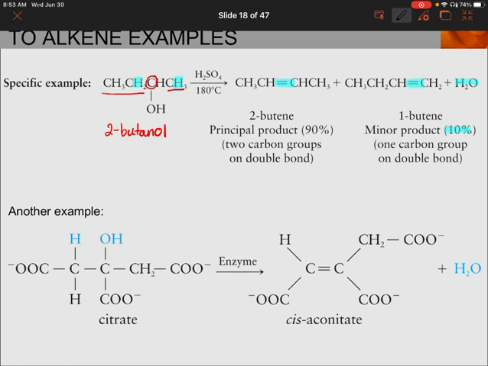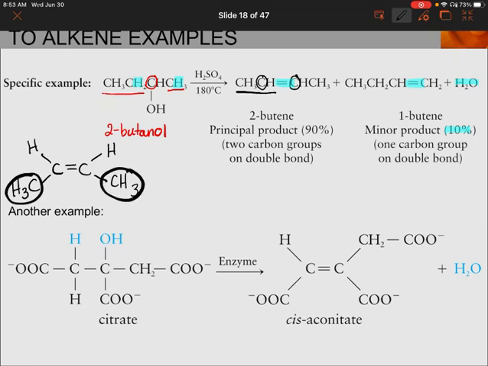If we look at 2-butene and draw out all of the different bonds, we have a hydrogen and a methyl group on one side. So we're focusing on that carbon on the left. On the right-hand side, we have a hydrogen and a methyl group as well. So there's two carbon groups bonded to the double bond.